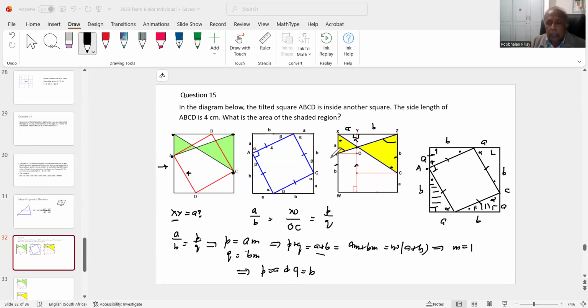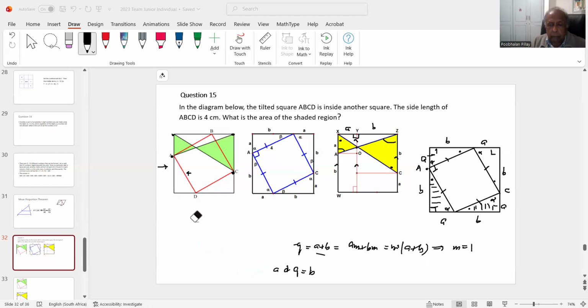Okay. So now, what do we have? We have the following. I'm going to create some space here. If you look at the middle diagram, we can now calculate the areas of these triangles, the shaded area. So the shaded area is the area of the small triangle here.